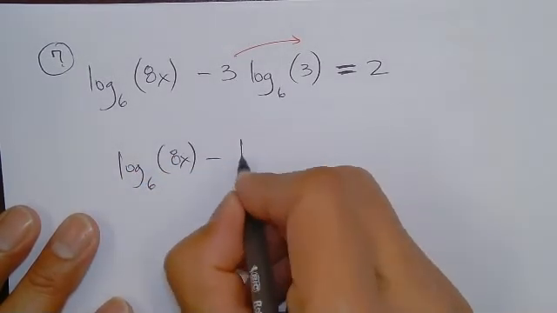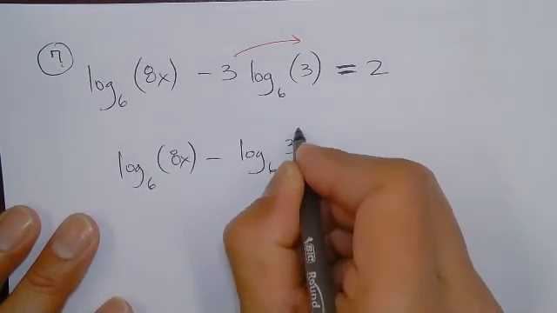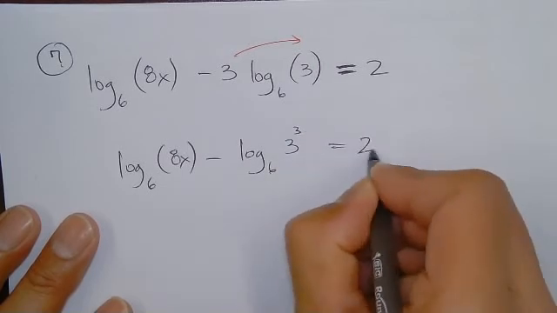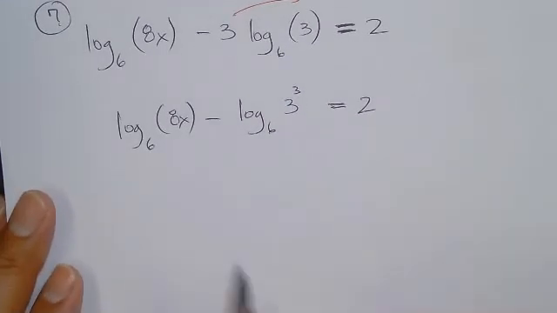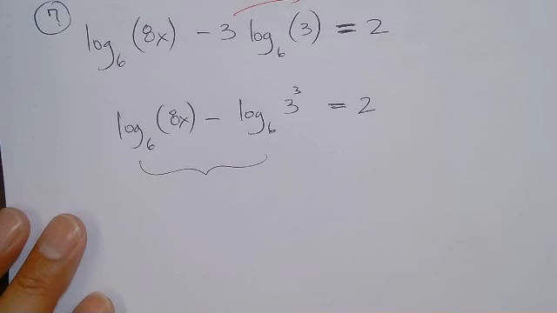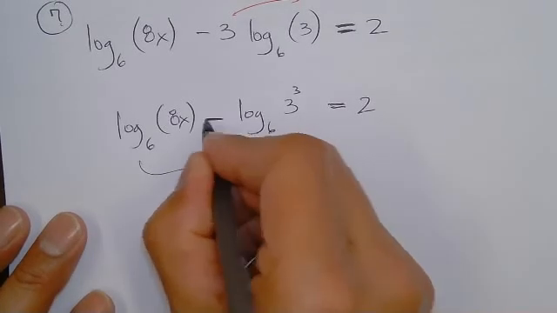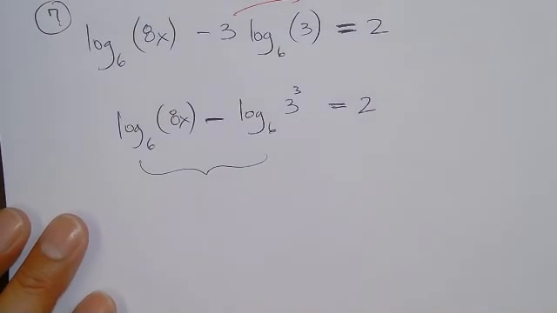This one's going to go up, so that's going to be log 6 of 8x minus log 6 of 3 cubed equals 2. Which we know 3 cubed is 27.